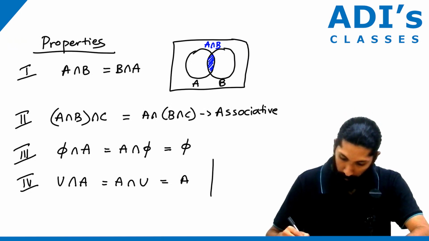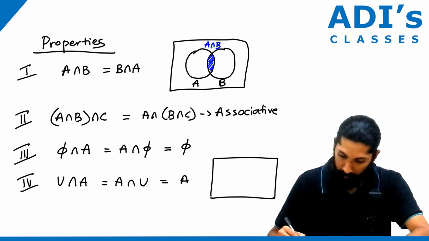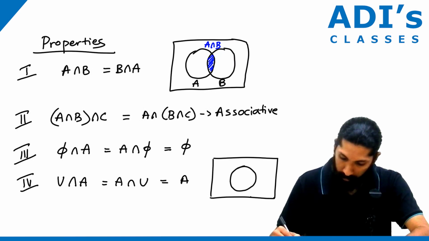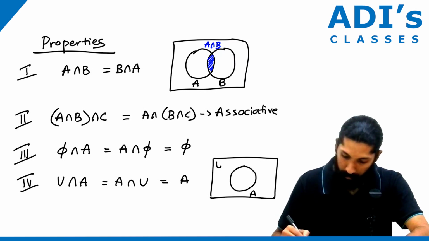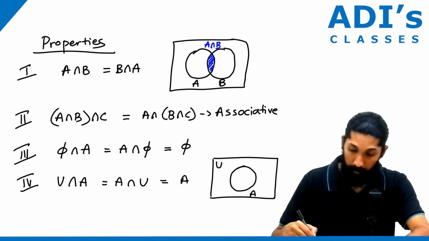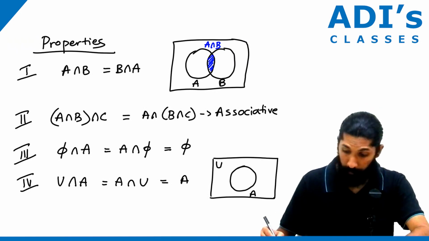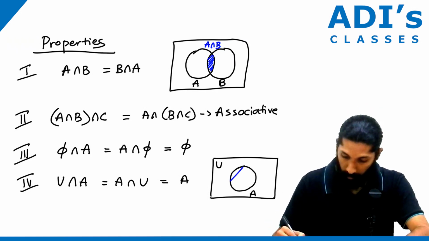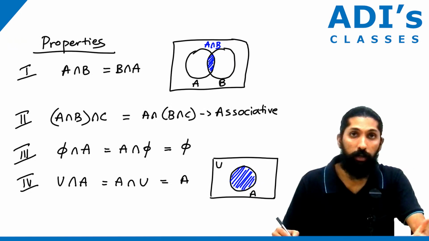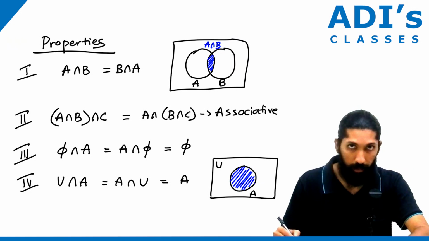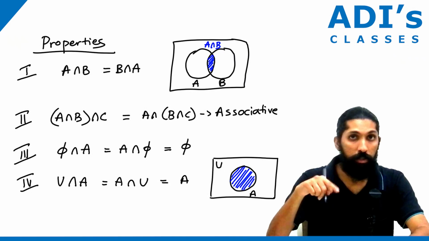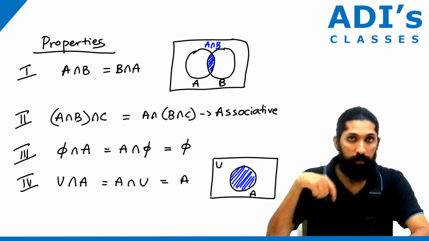Now here you just have one set, which is A. This is the universal set U. Now if you take the intersection of the universal set and set A, you're going to get this itself, correct? This is nothing but A itself. That's why universal set intersection A is always A itself.